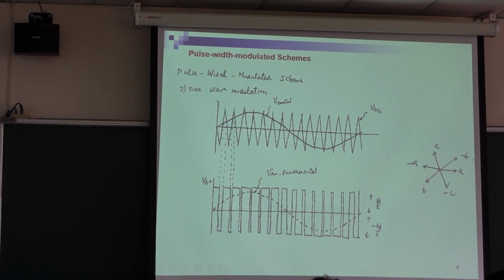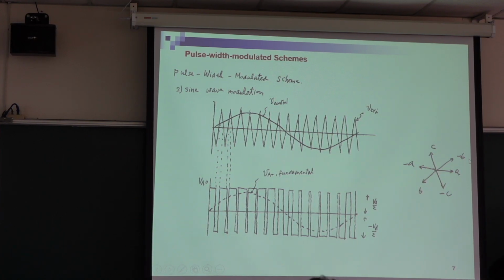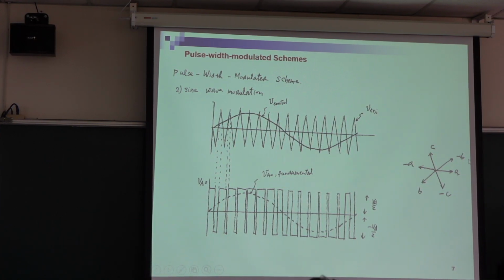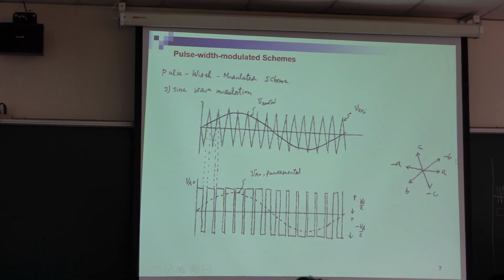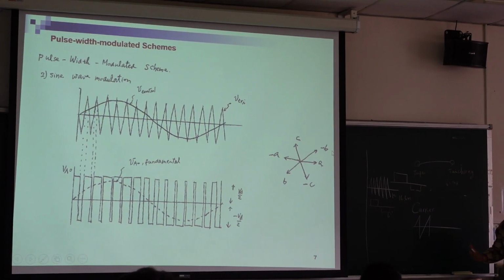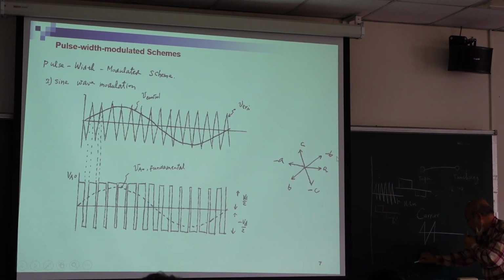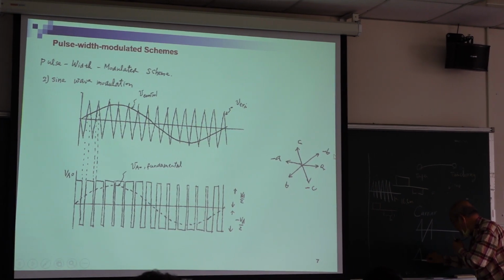So how can you select a carrier? If you need a carrier, what kind of waveform is better? First, people thought we could use this, like this, right? And then other people said maybe we can use triangular.